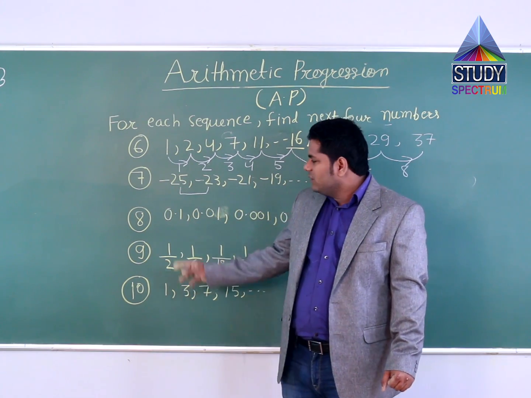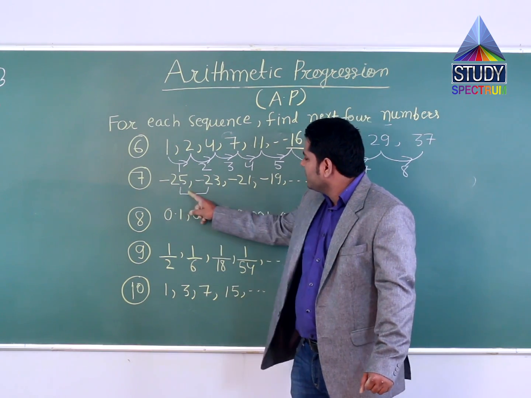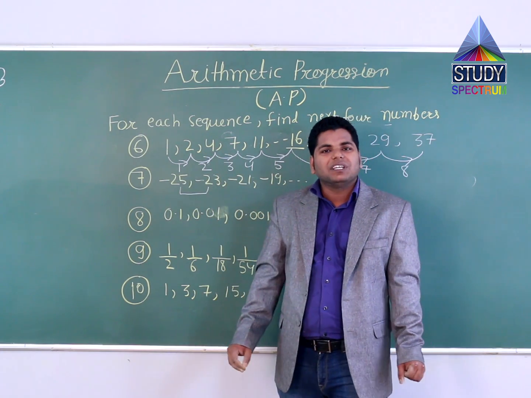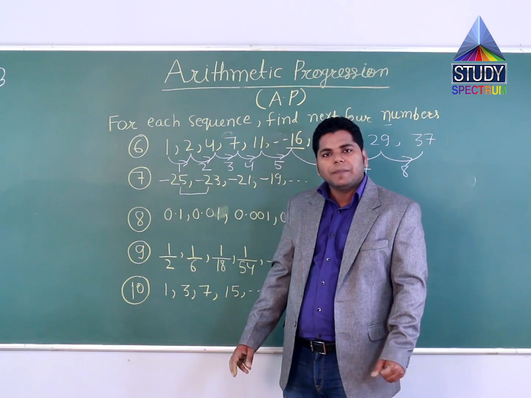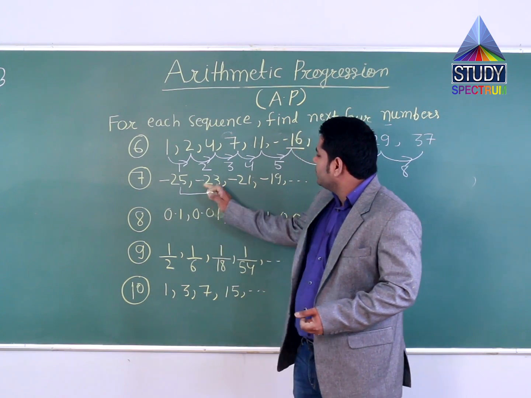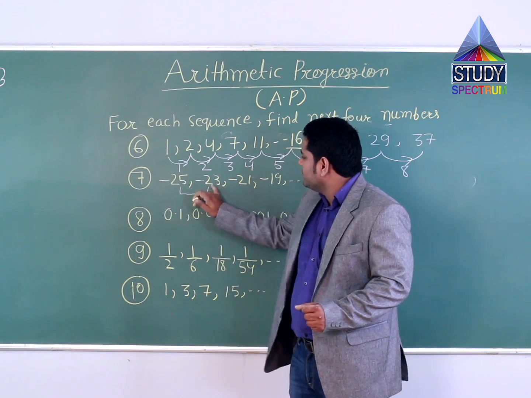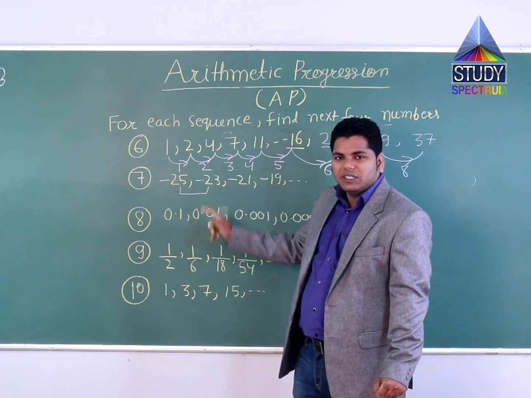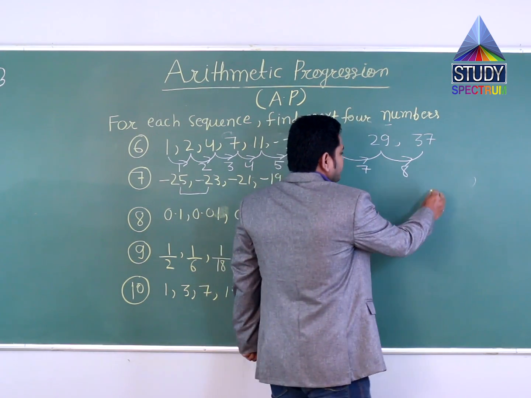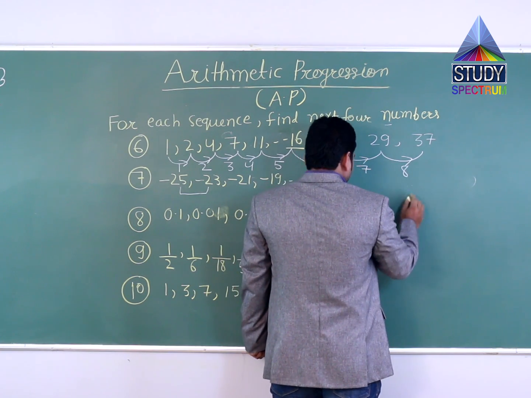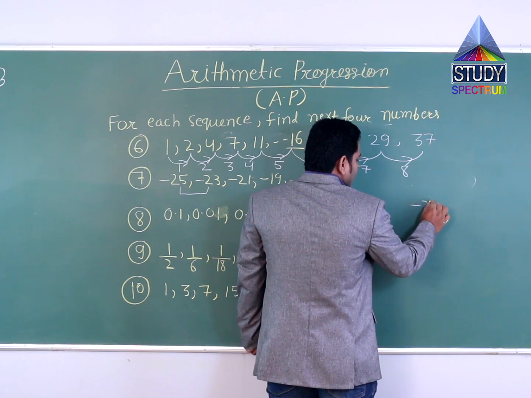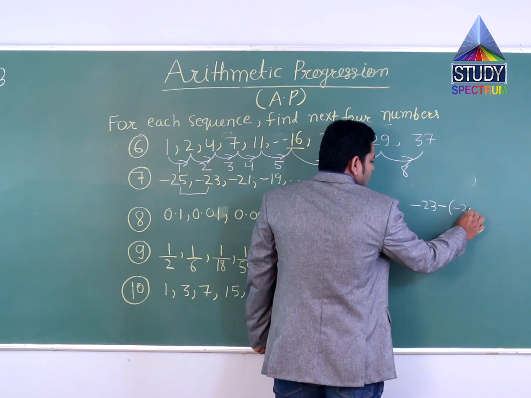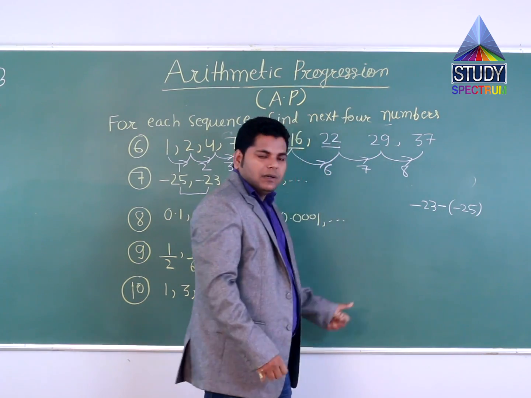And what is the difference between both of them? It means minus 23 is 2 more than minus 25. Okay. So if you want to find the difference between two numbers, let us subtract minus 25 from minus 23.